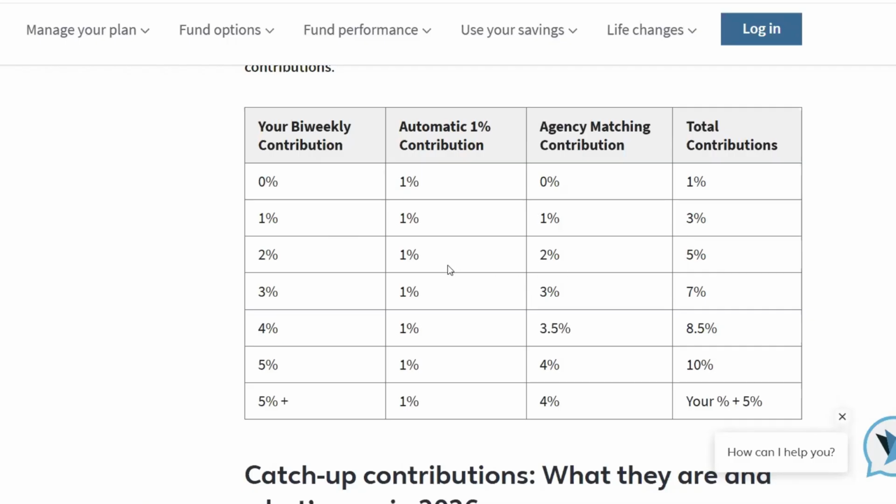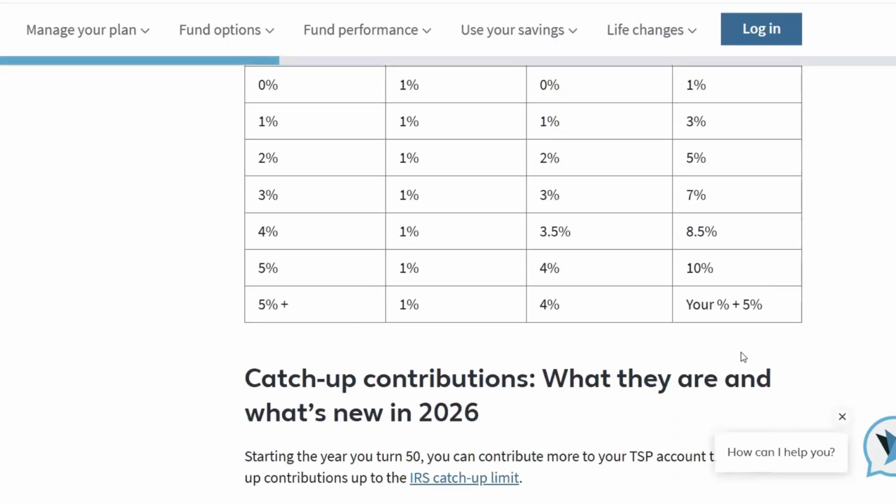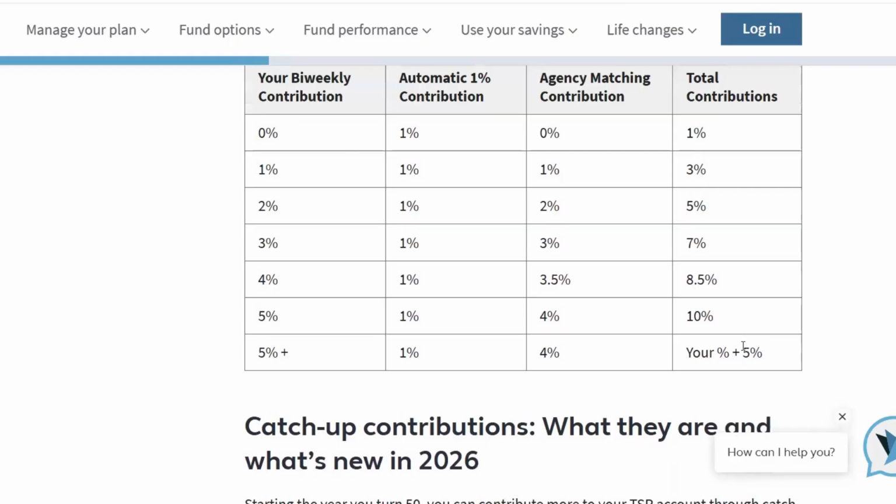And it shows you exactly what those total percents are for how much the employee is contributing, or I'm sorry, how much the employer, which is the government, is contributing based on how much the employee is contributing, right, from that. And this is the total here. So that's what that looks like as far as the matching contribution.